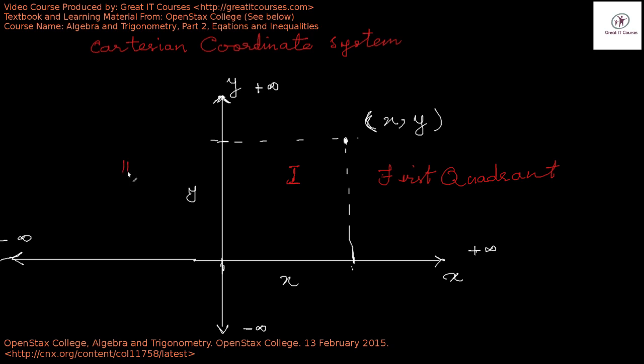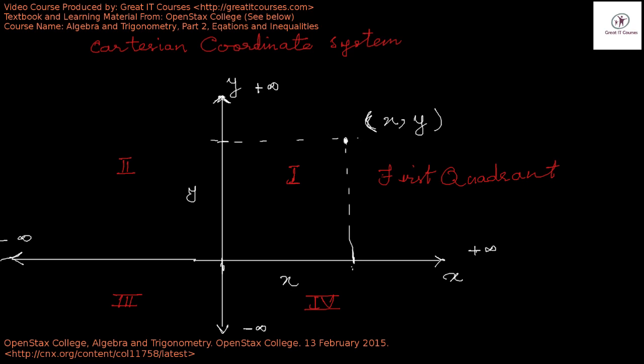This is the second quadrant. This is the third quadrant, and this is basically the fourth quadrant. And they have been labeled counterclockwise, as you notice. And each of these is basically a quadrant.